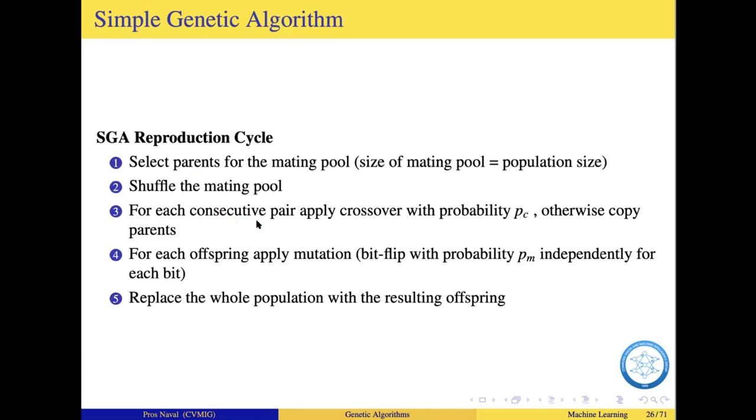For each consecutive pair, we apply the crossover with probability PC for crossover. Otherwise, we copy the parents. For each offspring, we apply the mutation operation, where we bit flip with probability PM, M for mutation, independently for each bit. And finally, we replace the whole population with the resulting offspring.